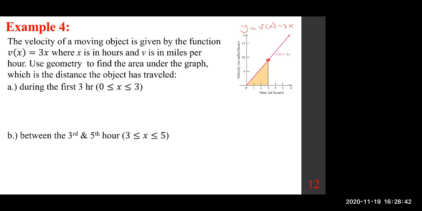I hope you see that this one has the following coordinates. The x is 3, and the y or v of x is 3 times that, or 9. Okay, class. And so 1/2 base times the height. When we have a right triangle, the base and the height are the 2 legs. So 1/2, 3 times 9, and we get 27 halves, and that would be miles, okay?